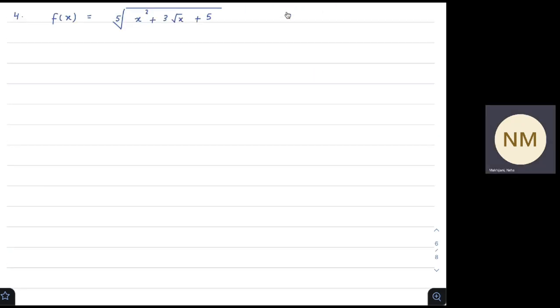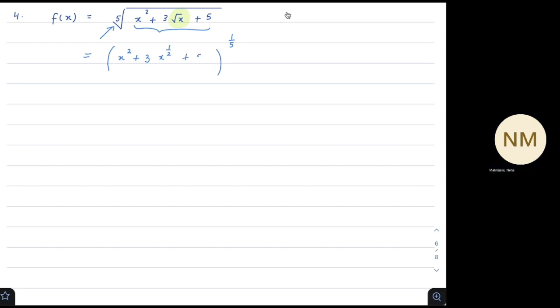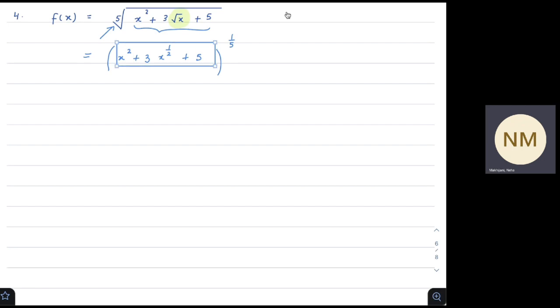Let's do one more of this kind. Look at your function. What is this? This means power 1 over 5. Let's see the radicand that we have here. It is x squared plus 3 times what power of x here? 1/2. So this is your function that you need to differentiate. Okay, your function looks like a box to the power of 1 over 5.